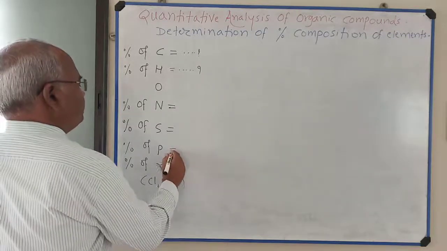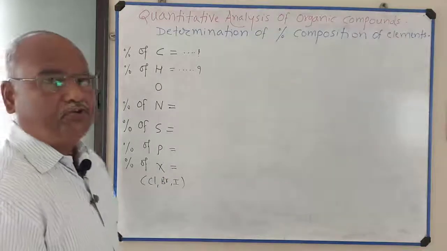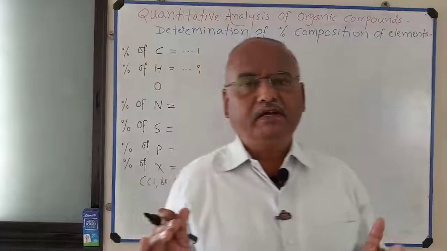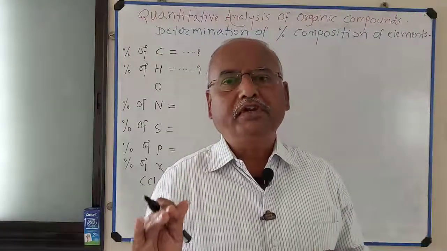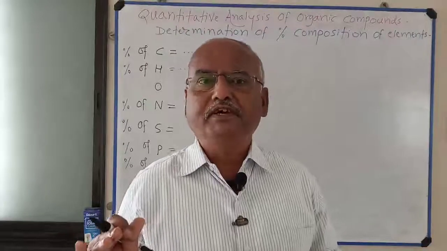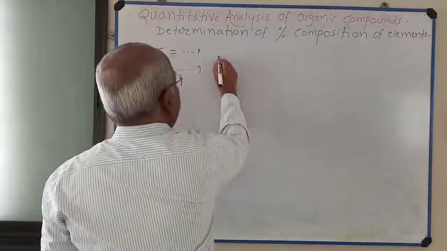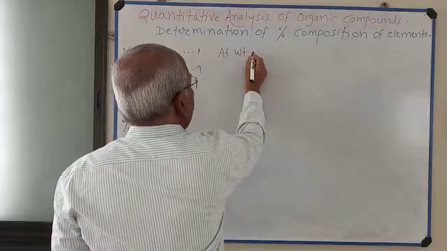So this is what we are going to find out by quantitative analysis. Before explaining the direct point, I want to tell you some basic information. You know the atomic weights or atomic mass.